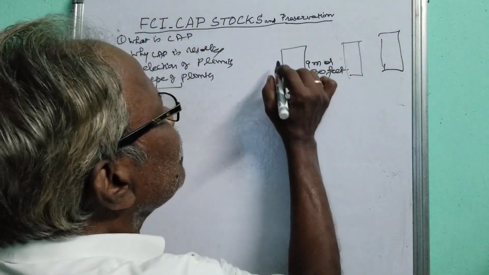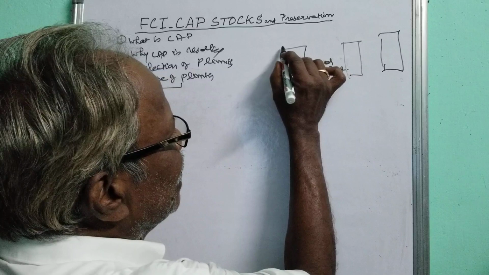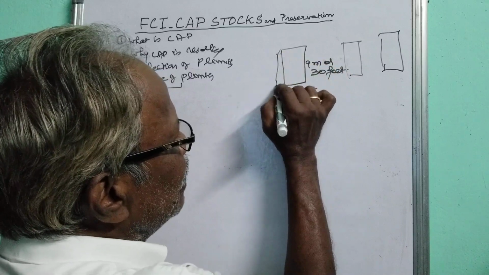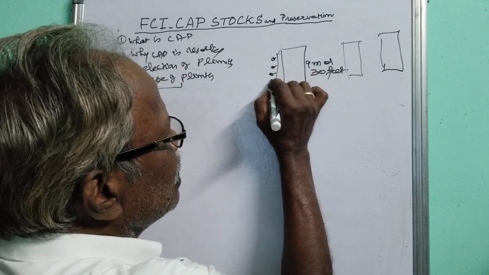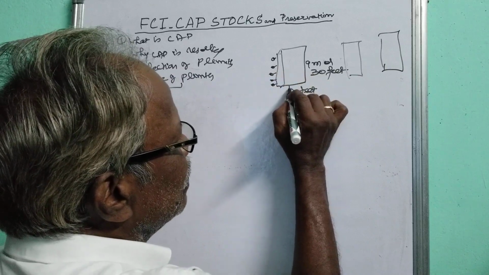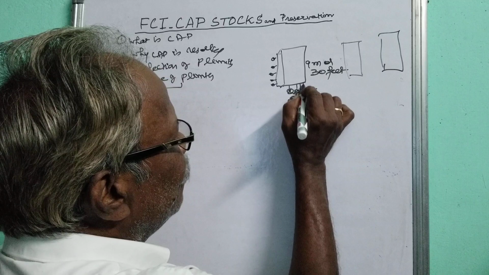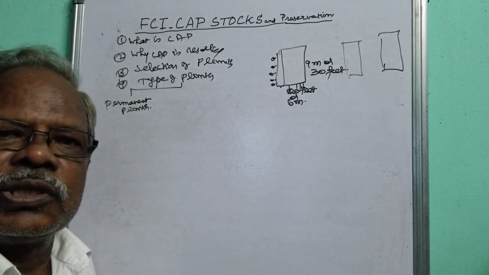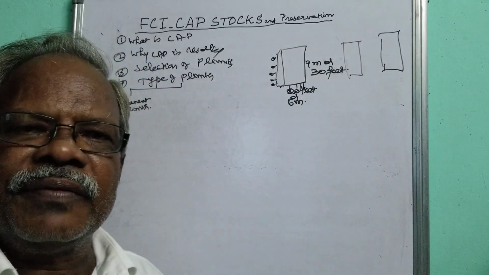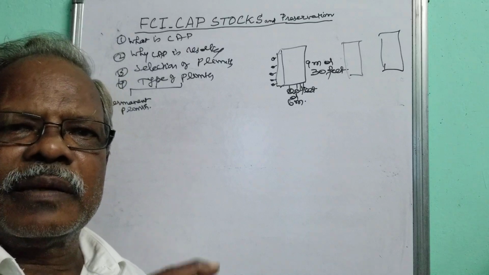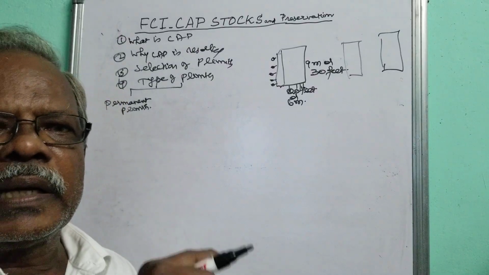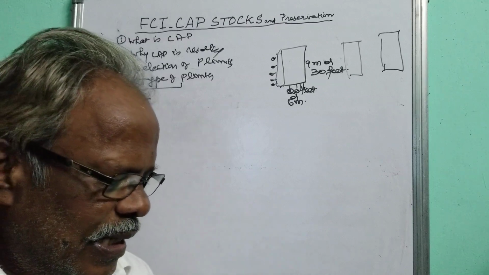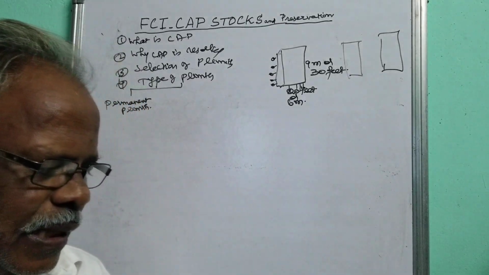Rings are also placed in the elevated structure, some 6 along the length and 4 along the breadth, so that lashing can be done very easily by intertwining the nylon rope in the rings. That is the permanent plinth.